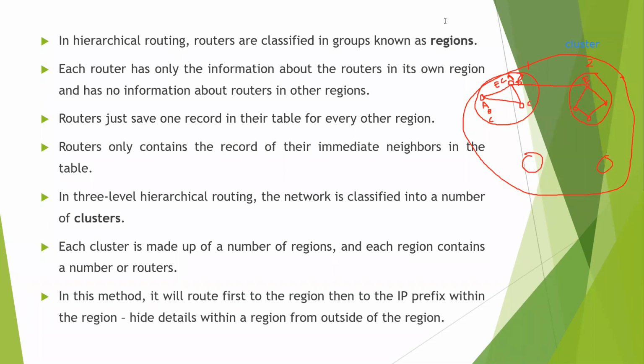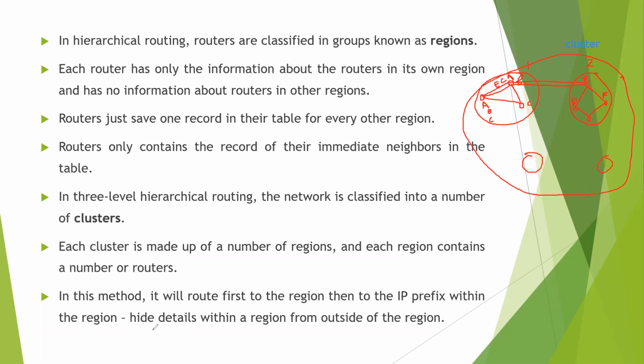For example, consider there is one more router called F, and here a router we can call D. If I want to send some information to D, it will go through B, then E. When it comes to E, it will think of D because D belongs to region number 2.